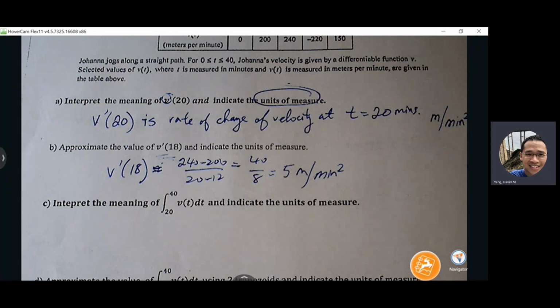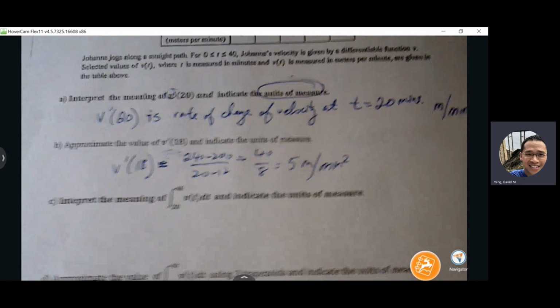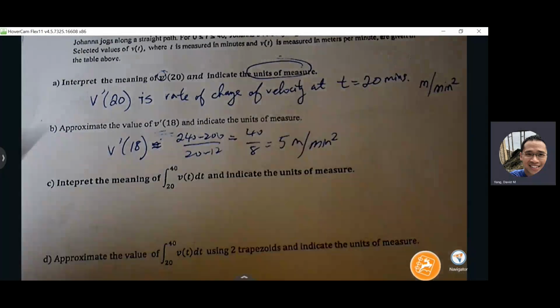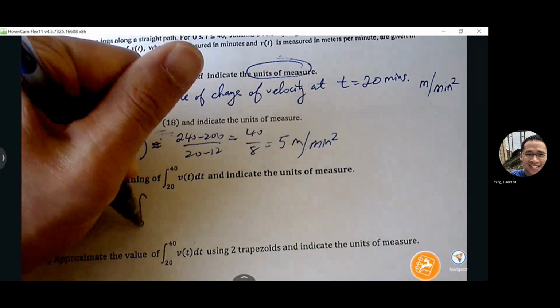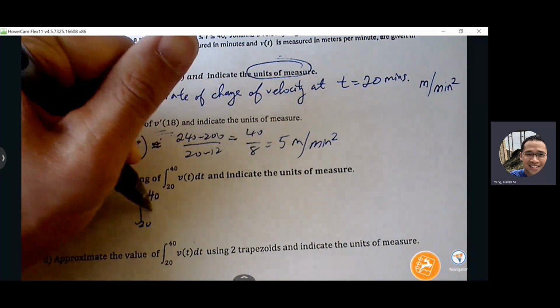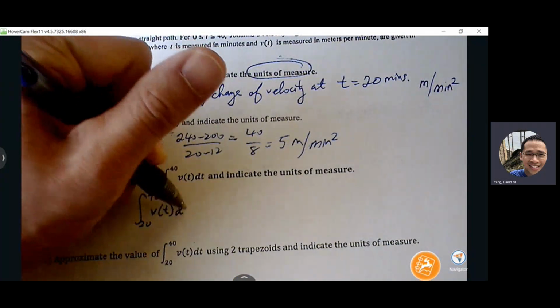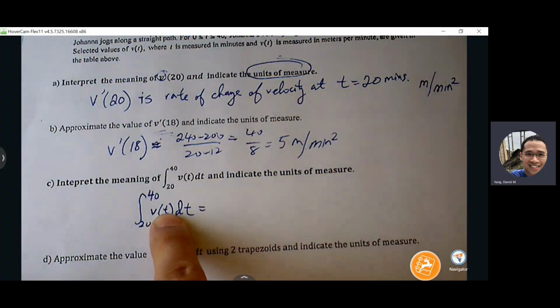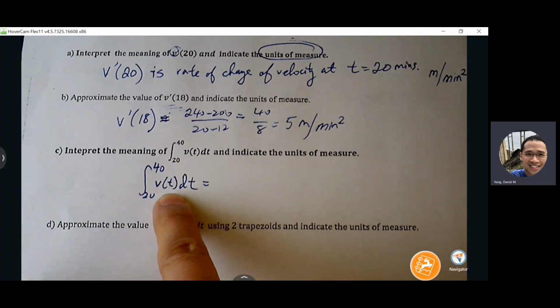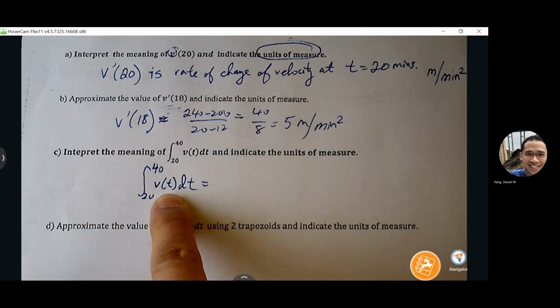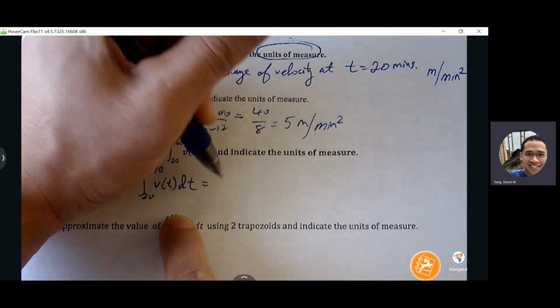Okay, interpret the meaning of the definite integral from 20 to 40 of v of t. Well, why don't we use the first theorem and put it in a form maybe that's easier for us to say in words. So what's going to happen with velocity? Velocity turns into what? Position, right? So I'll use x.